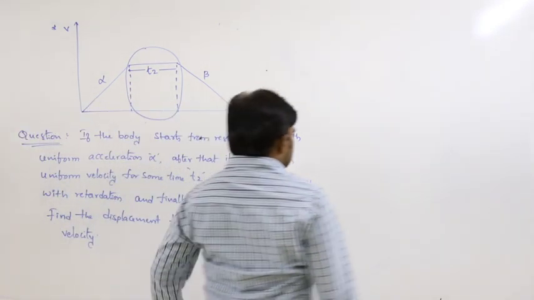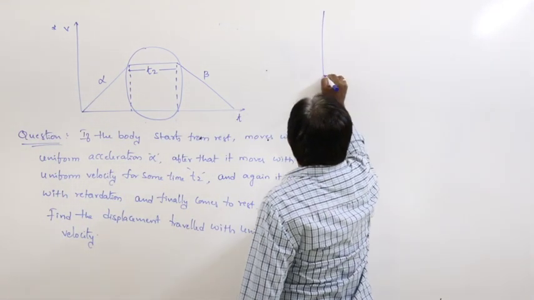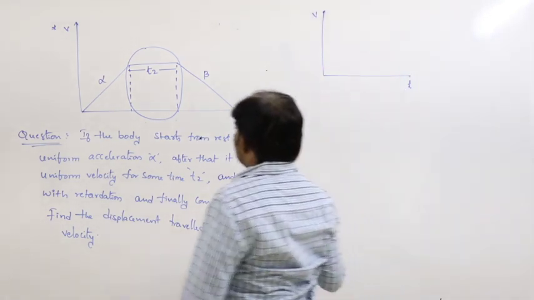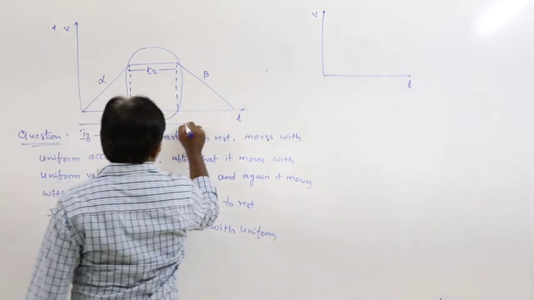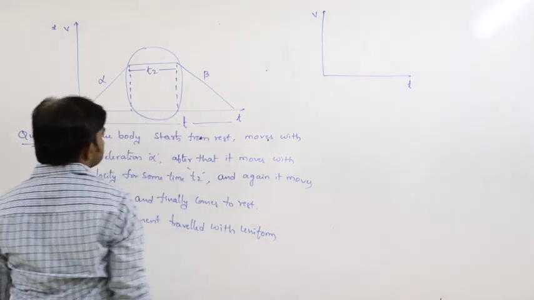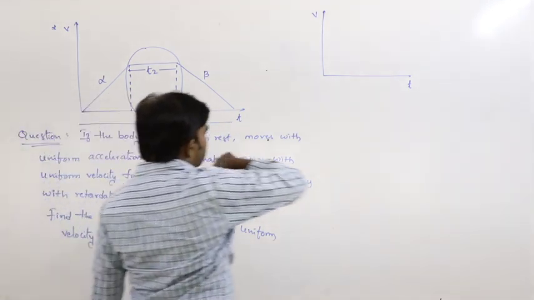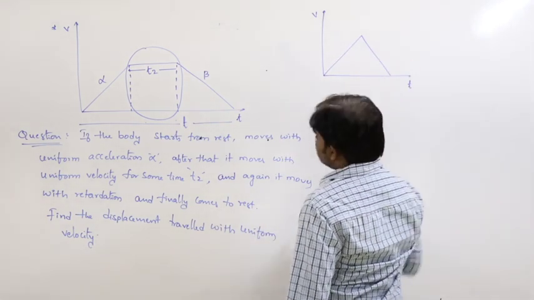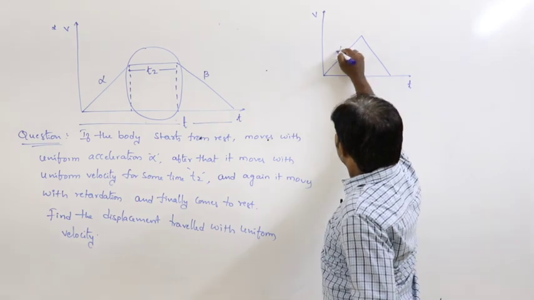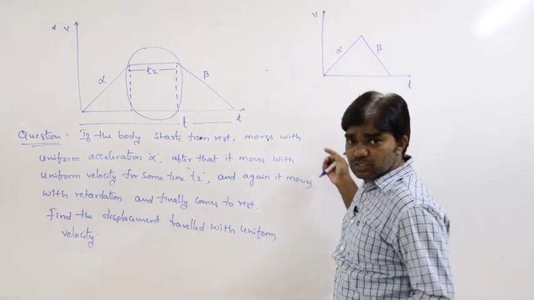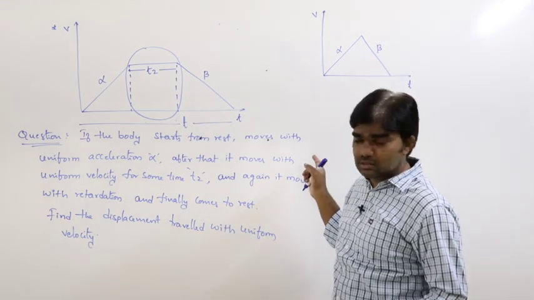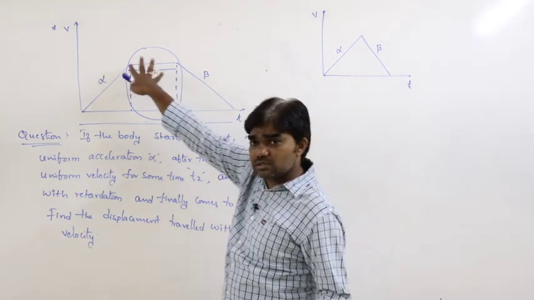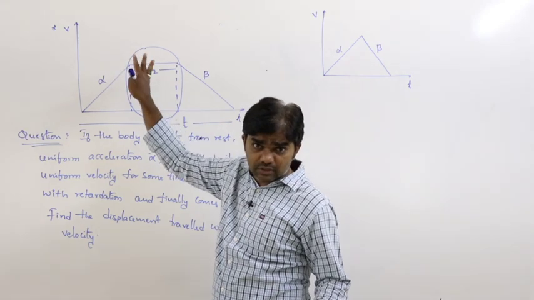For that purpose, see here, first, this is velocity time graph. Let us say this total time is T. Next, if you consider only these two, alpha and beta, in the previous class we discussed already about this alpha beta. Forget about this uniform velocity condition.